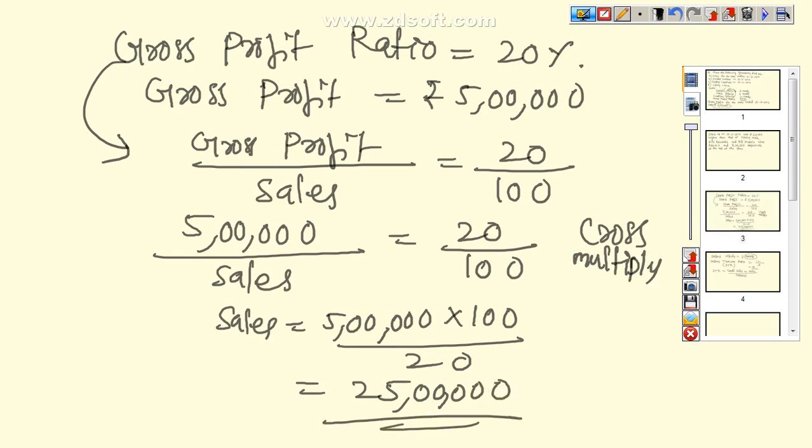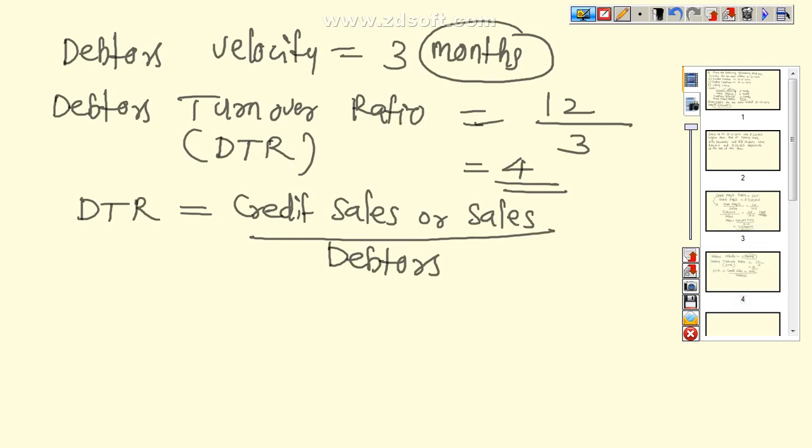Now we can substitute this value of sales in the main equation. If credit sales is given, then first priority we have to give to credit sales. If it is not given, then we can take the sales value. So DTR, which we already calculated, 4, is equal to sales, 25 lakh, upon debtors.